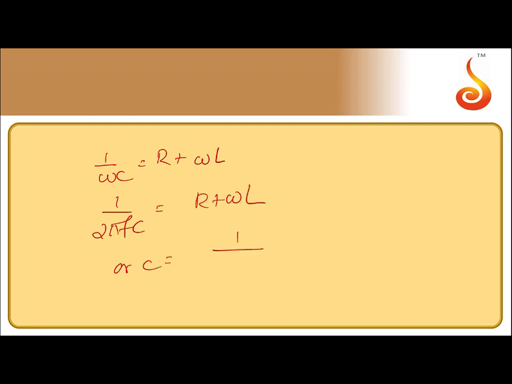So further simplification, XC is 1 by omega C, R plus omega L, and we need the value of C, so I'll rewrite it 1 by 2 pi FC is equal to R plus omega L, or C is equal to 1 by 2 pi F into R plus omega L. So the capacitance is 1 by 2 pi F into R plus 2 pi FL.